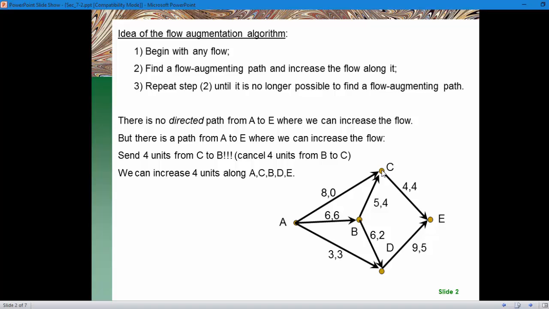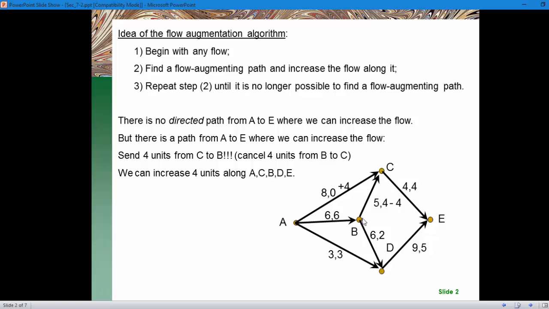One way to send 4 units from C to B is to simply decrease the flow going from B to C. So we increase 4 units of flow along this edge, and those 4 units cannot go this way, but they can go this way by subtracting 4 from the current flow there. This indicates that we're sending 4 additional units of flow from C to B.